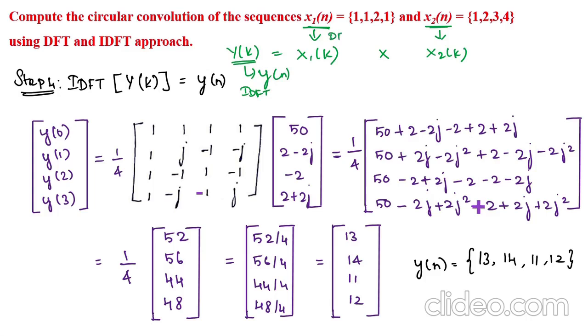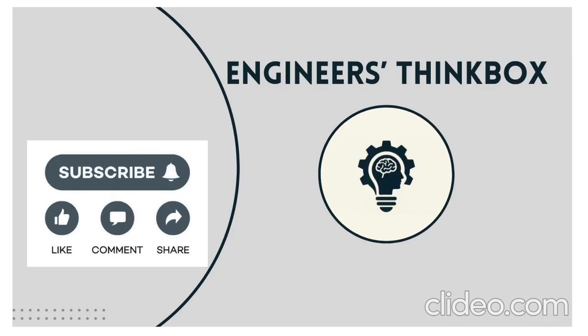Okay. So 4 steps are involved here. First step is conversion from x1 of n to X1 of k. Second step is x2 of n to X2 of k. Third step is multiplying both, and finally in the fourth step you convert Y of k to y of n using the IDFT matrix method. So this is all about circular convolution using the DFT and IDFT approach. Thank you.